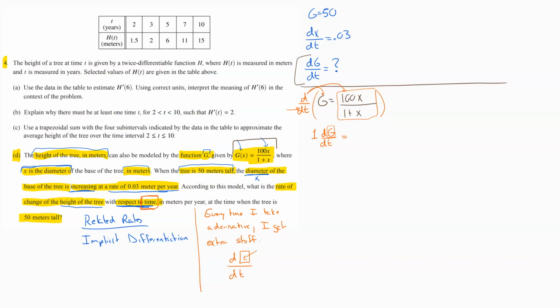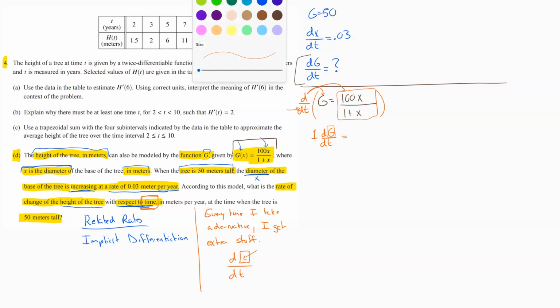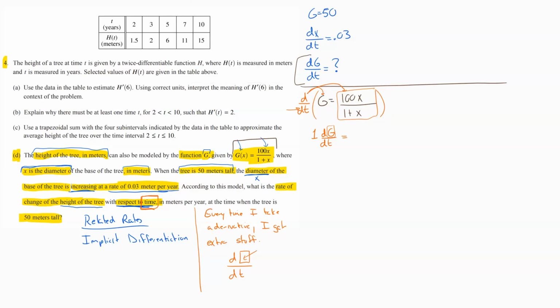And so what I see in front of me on this one is the fact that I've got two chunks being divided. And whenever I've got two chunks being divided, that means I need to follow my quotient rule recipe. So my quotient rule recipe goes low d high, minus high d low, and all of that is over the low squared.